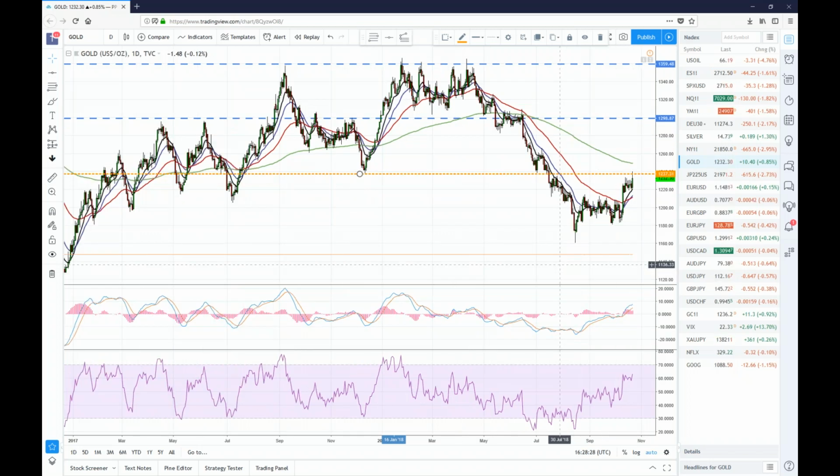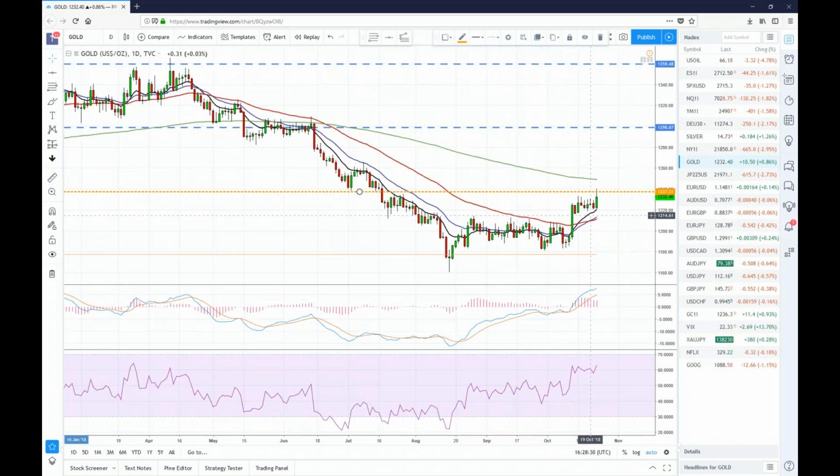However, what is a tradable scenario for me here? I want to see that price actually breaks above this level. And if price is then coming back to test this level again from the upside, we know that if resistance is broken, it turns into support. So if I get a buying opportunity, let's just try to draw that in somehow.